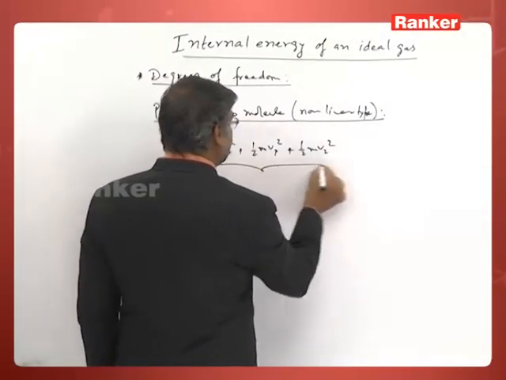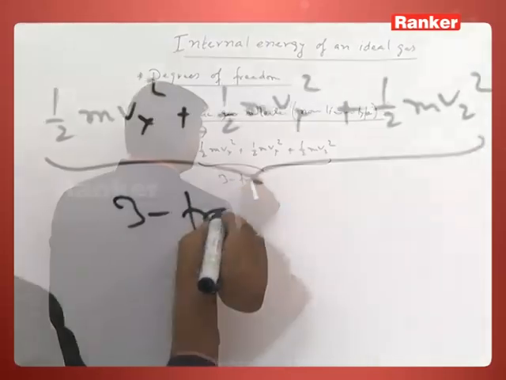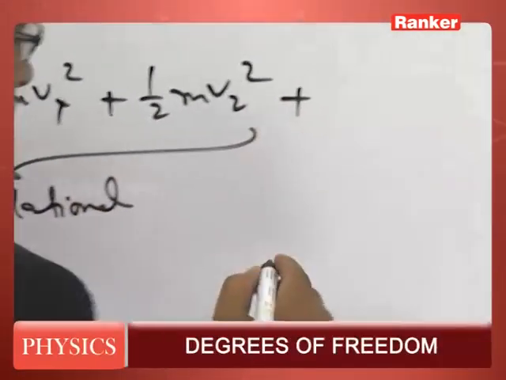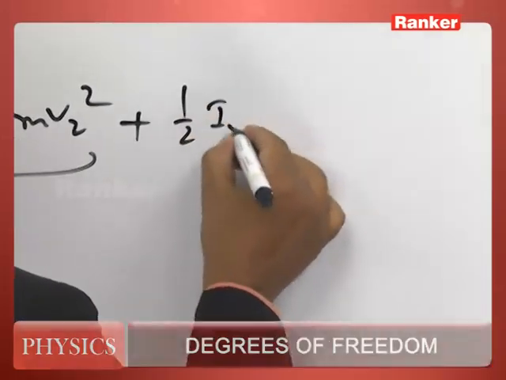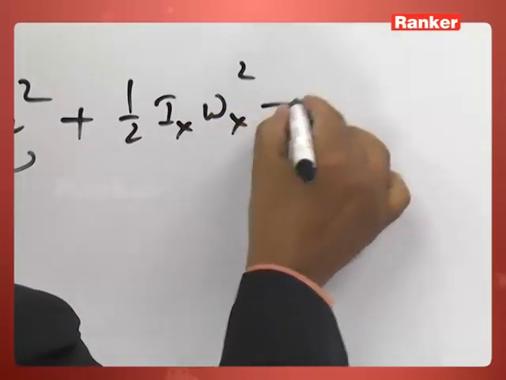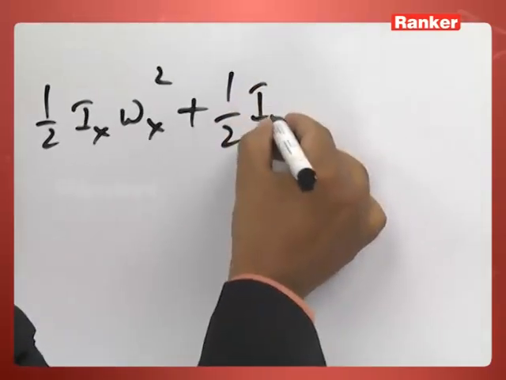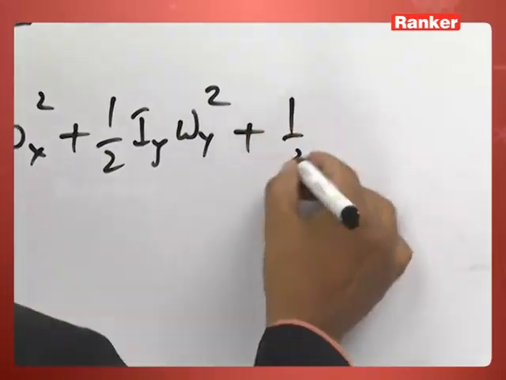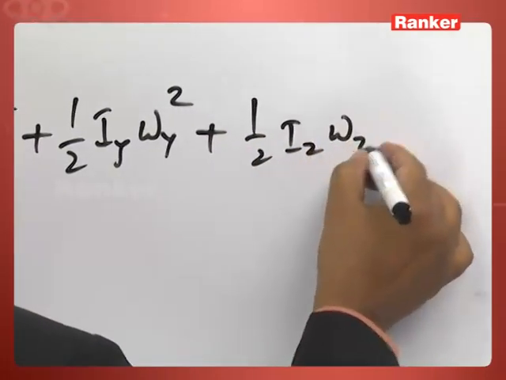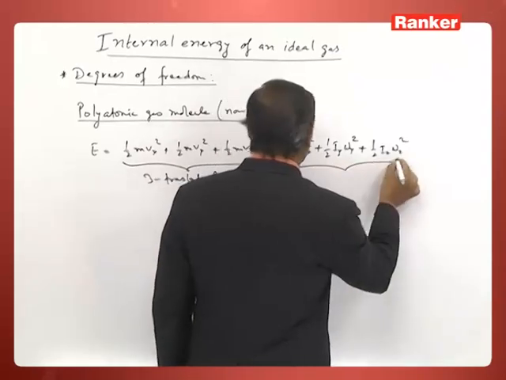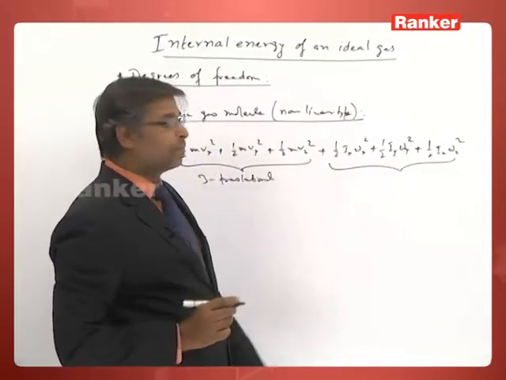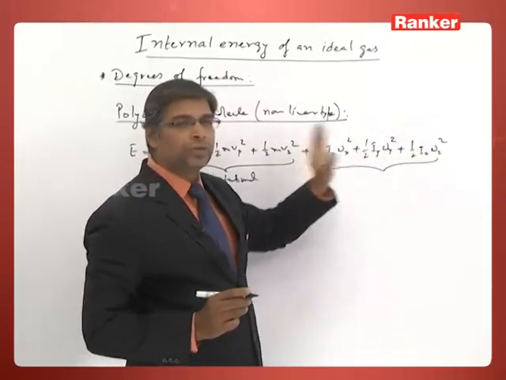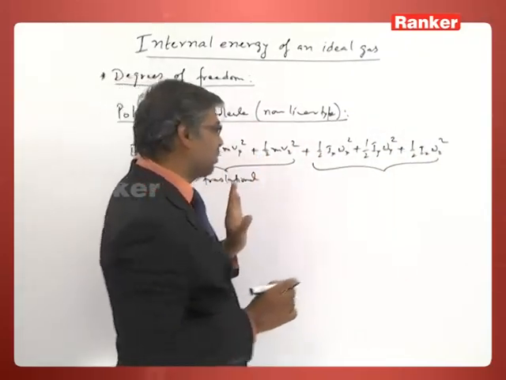These are the 3 translational, plus half Ix omega x square plus half Iy omega y square plus half Iz omega z square. Here, since it is non-linear type, I have to use the third one. If it is a linear type molecule, I won't use the third term, even if it is polyatomic.